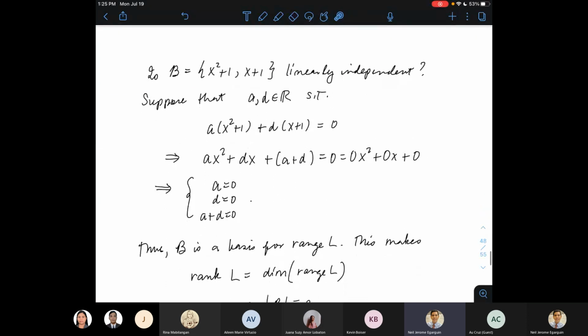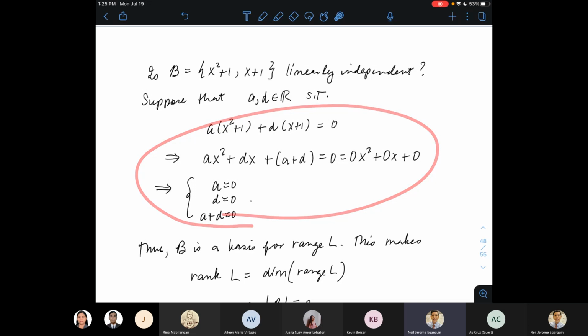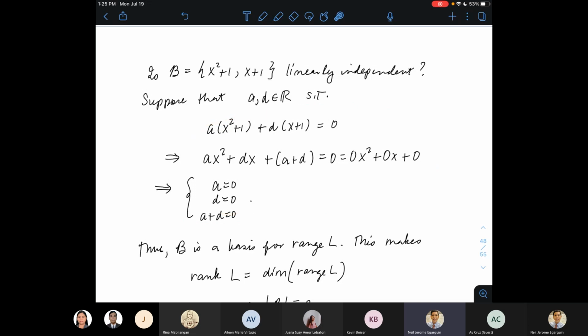Actually, I did the detailed proof here pala of the linear independence of x squared plus 1 and x plus 1, but I guess that's more elegant, the use of the Steinitz replacement principle. But nevertheless, we came up with the same conclusion that B is a basis for the range.